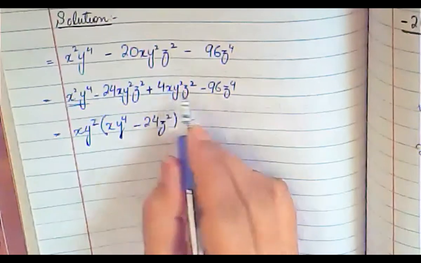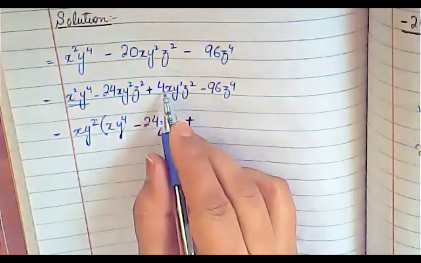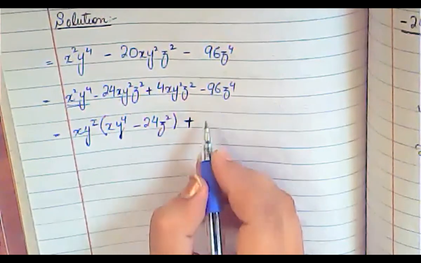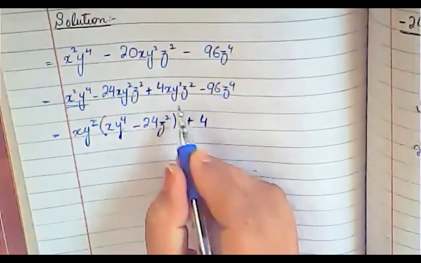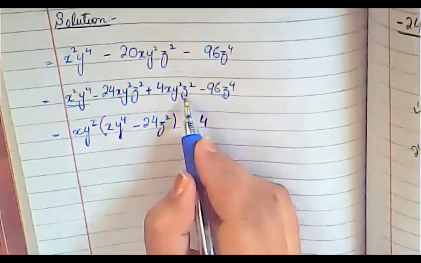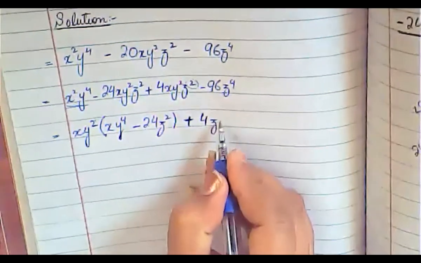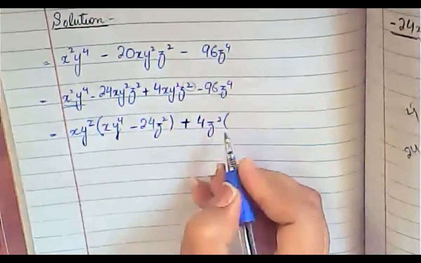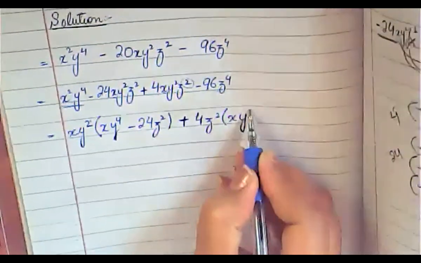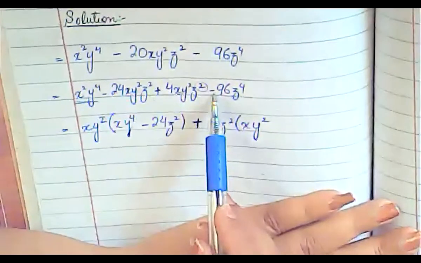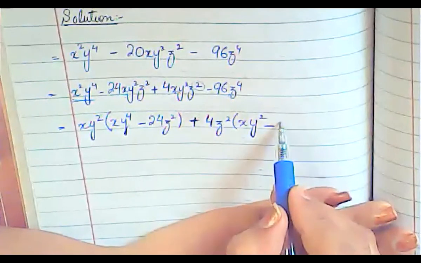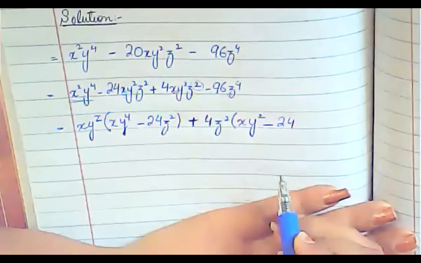Now, coefficient. Which coefficient is common? We have decided now 4 multiplied by 24 is 96. So 4, x is not common, y square is also not common, but z is common, and which one? This one. Z is square. Okay. Now what will be left inside this one? This x, y square, plus minus will be minus, and obviously 4 multiplied by 24 will be 96.